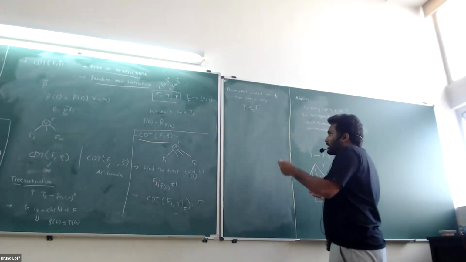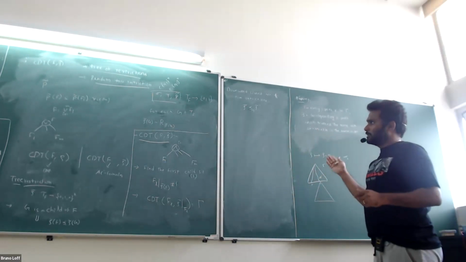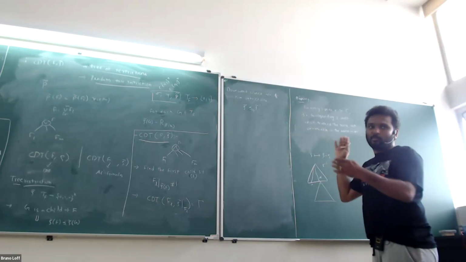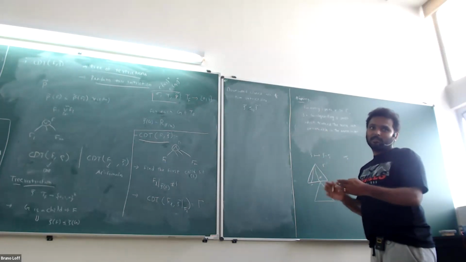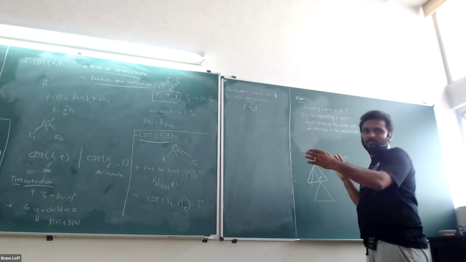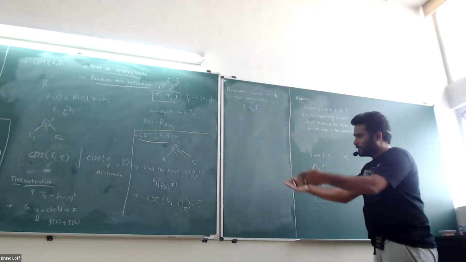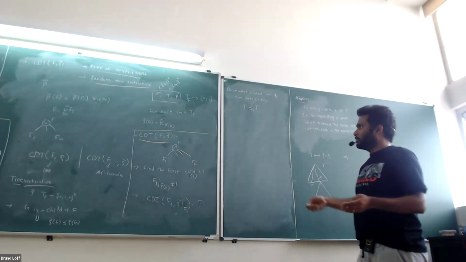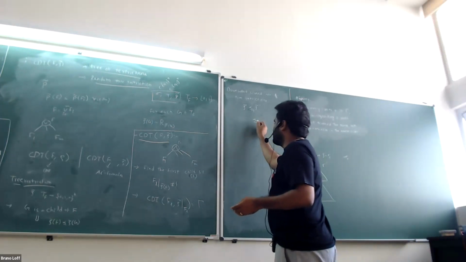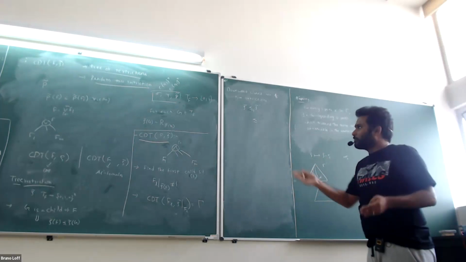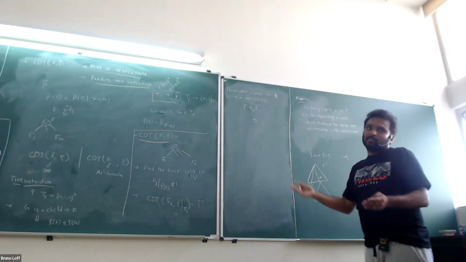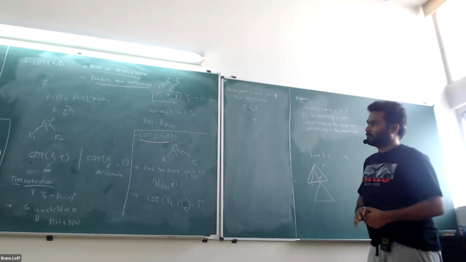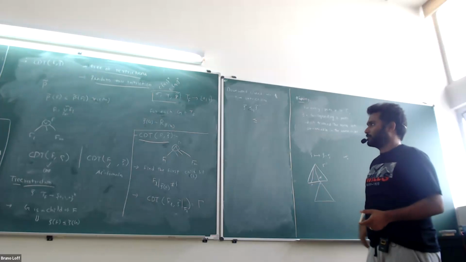In the case of restrictions, this is just component wise. I think of it as a vector of things, and when we already have a partial order for each restriction, you say it is less if component wise this is less than this. That's how you define a partial order on tree restrictions.